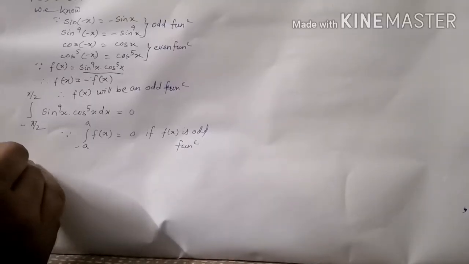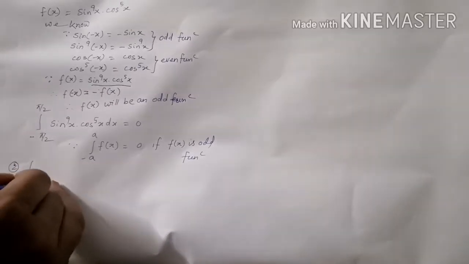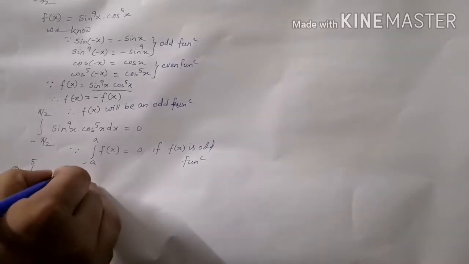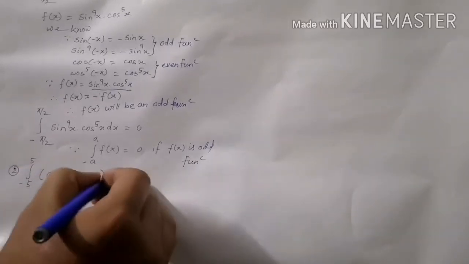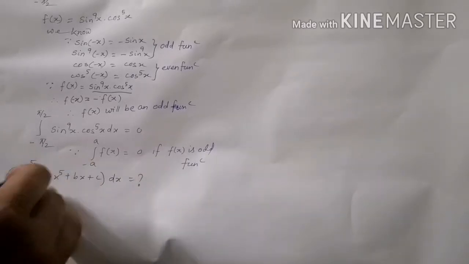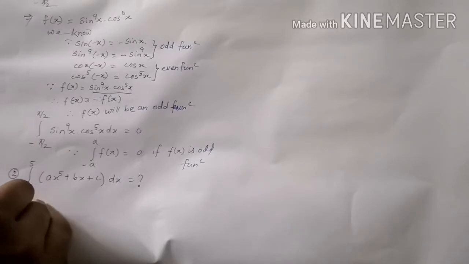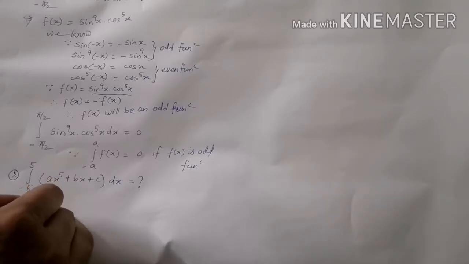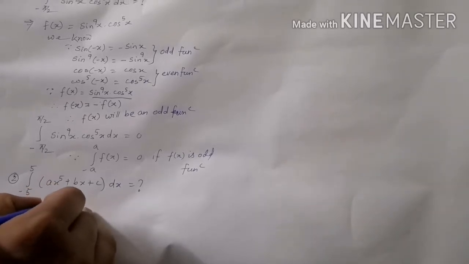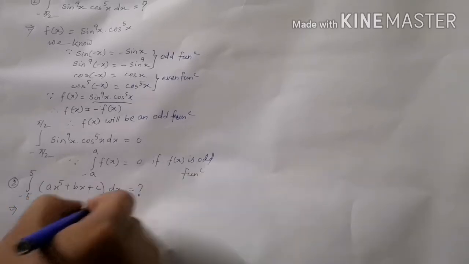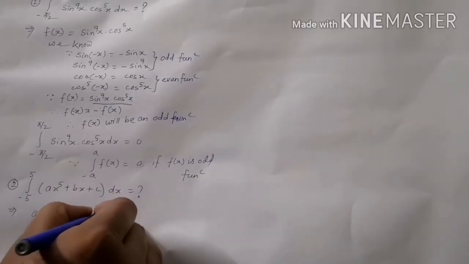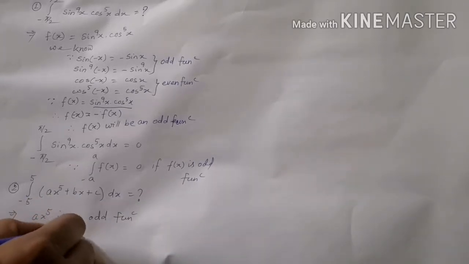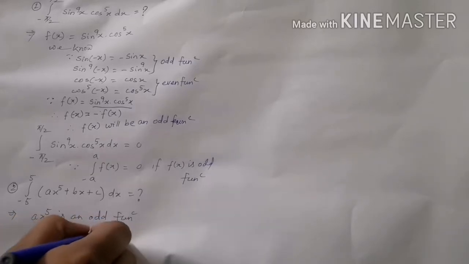Now question number 2 is integration minus 5 to 5 of (a x to the power 5 plus b x plus c) dx equals how much? From the previous question we know the concept of even function and odd function. So here a x to the power 5 is an odd function. Also bx is an odd function.